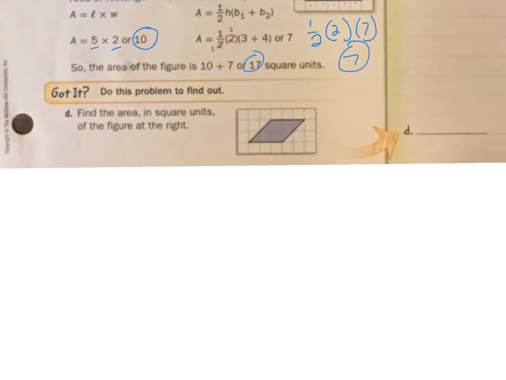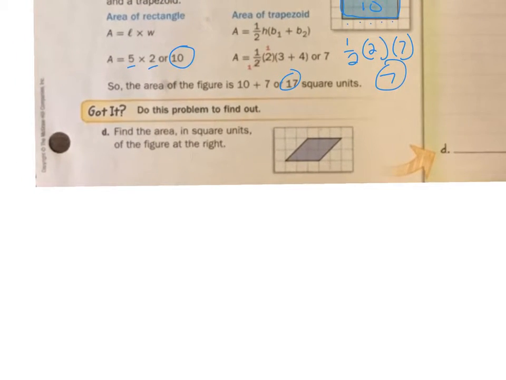Alright, let's figure out the area of this one. And it is a parallelogram, so it's length times height. Length. No, it's base. Oh boy. The area of a parallelogram is base times height.